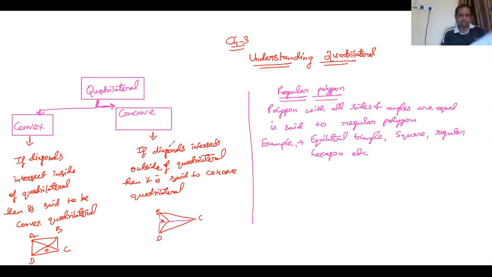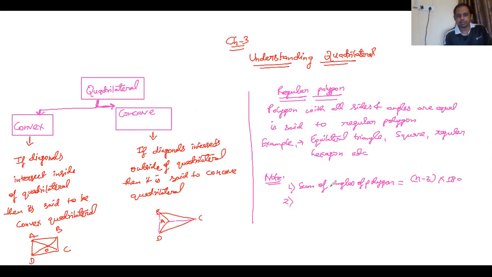Now write a note. Suppose you want to find the sum of total angles of any polygon. Just write this formula: sum of angles of a polygon is given by (n minus 2) into 180.